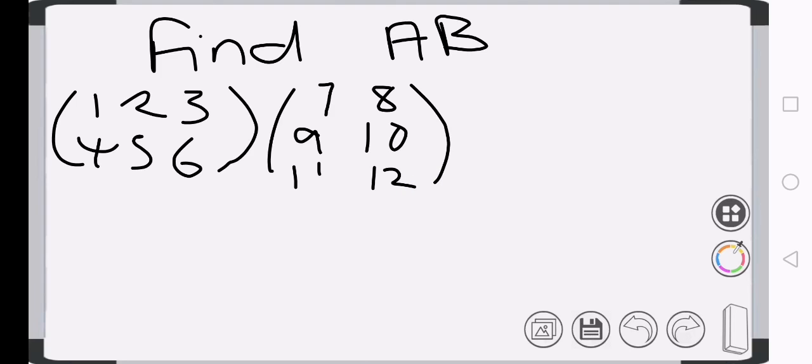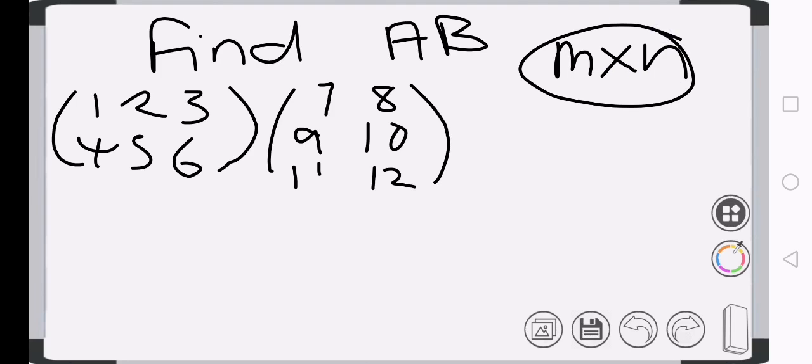At the beginning of the video, I said multiplication involves rows and columns. So we deal with multiplication using M by N. Don't forget this point.